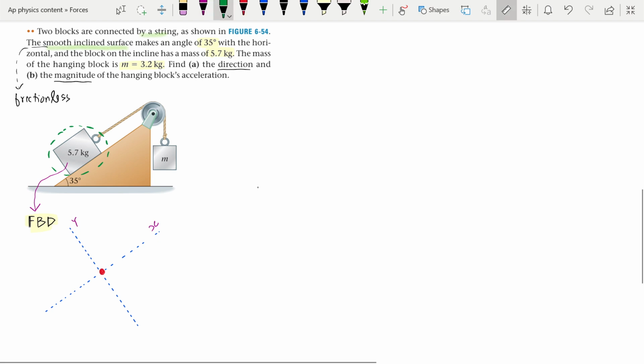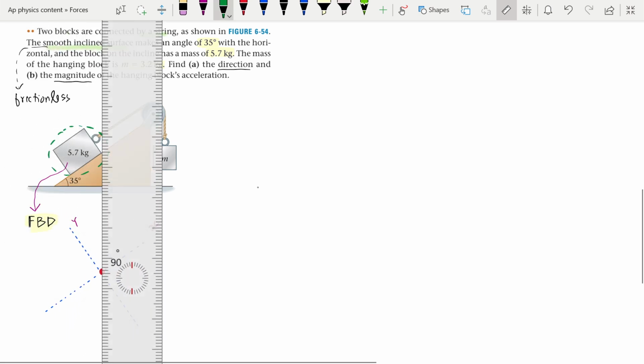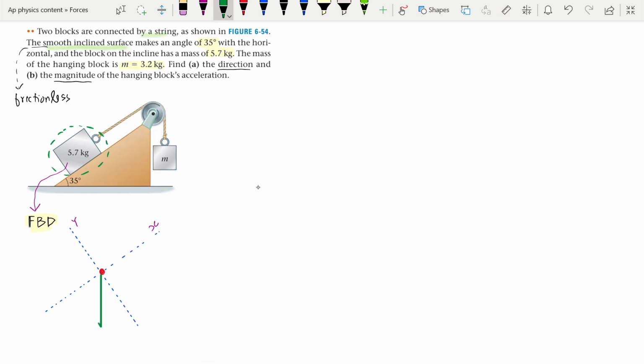One force exerted on it is its weight, that is mg. The other force, you can easily guess, must be the normal force, something like this. Okay, because when we make the components of the weight, this is the normal force.